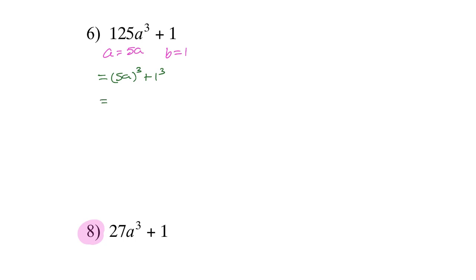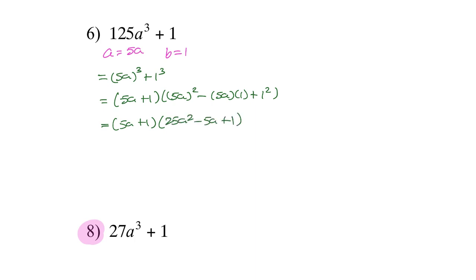That means that I can factor that as the first one plus the second one, times the first one squared, minus the first one times the second one plus the second one squared. So I got 5a plus 1 times 125, times 25a squared minus 5a plus 1.